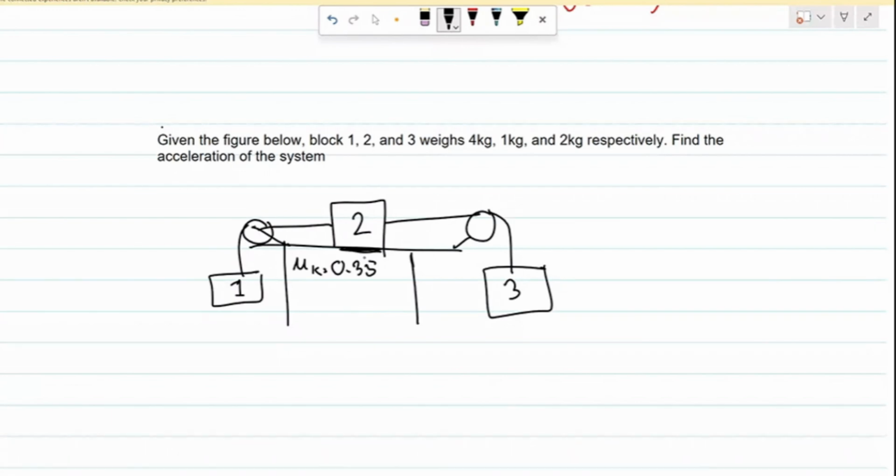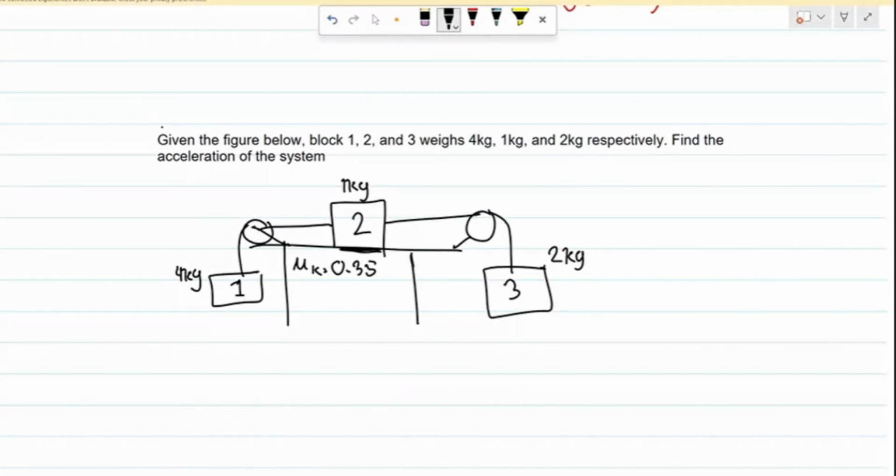Given the figure below, blocks 1, 2, and 3 weigh 4 kilograms, 1 kilogram, and 2 kilograms respectively. Find the acceleration of the system.